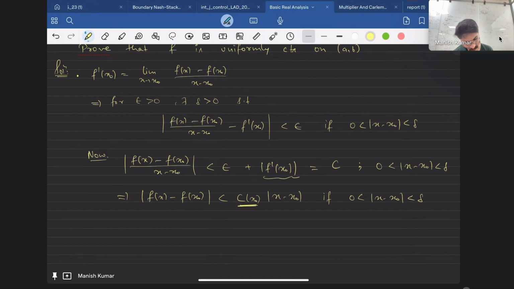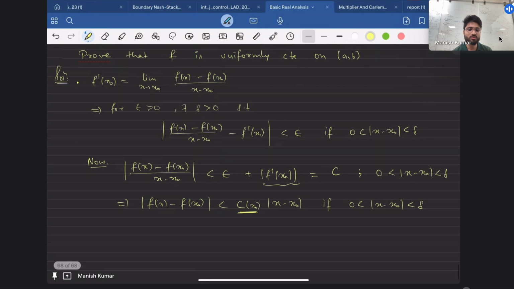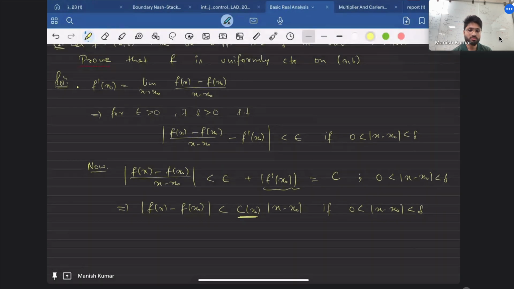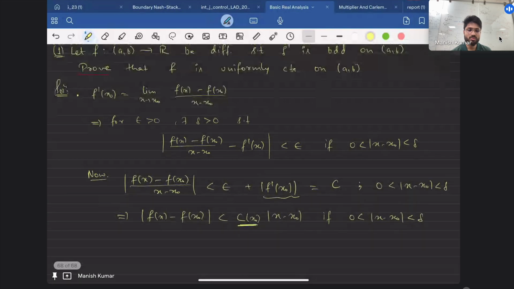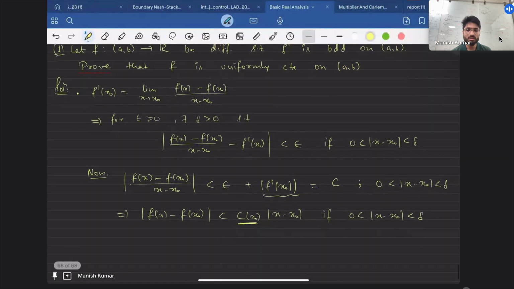Sir, by contradiction. No, proof I have. You just use the mean value theorem, you will get it. Hmm, that is the simplest way. Just use the mean value theorem because you have done sufficient work over there. Since you know the theorem, you can directly use it. Okay. So as far as the solution is concerned, you can do it using the mean value theorem.